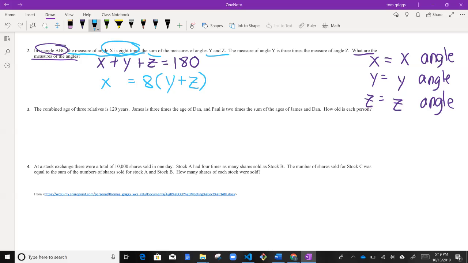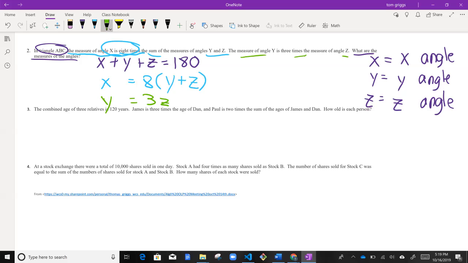It's 8 times the sum. So that's our second equation. And then finally, our third equation is found by the measure of angle Y is 3 times the measure of angle Z. So there's your 3 equations.